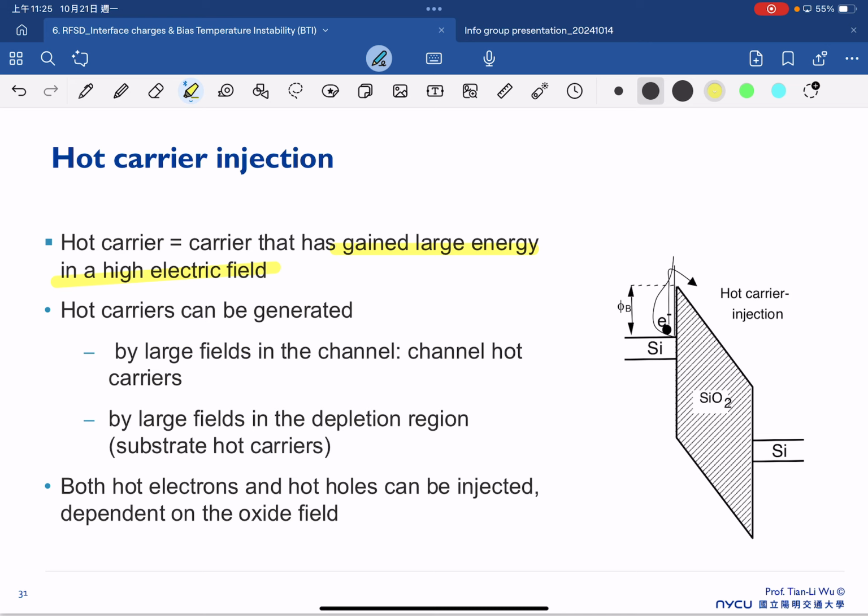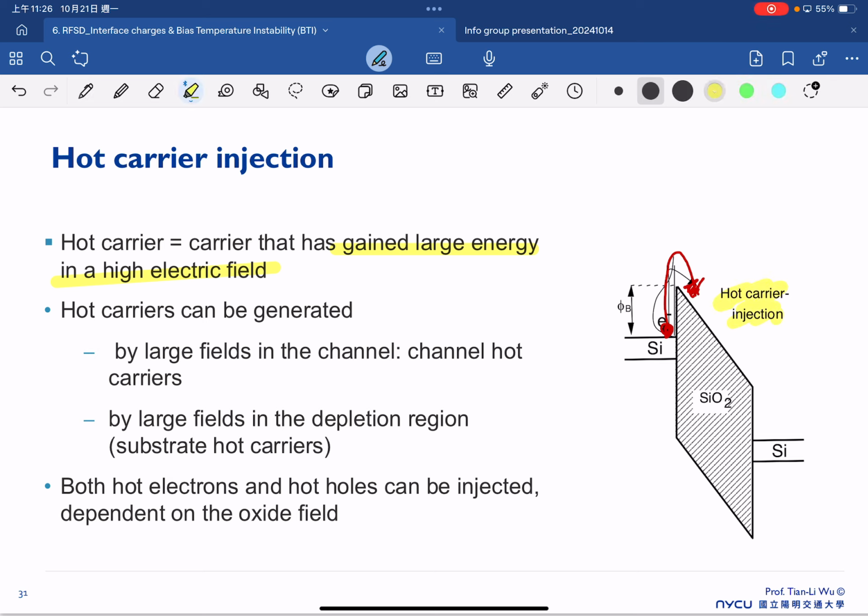So once the electrons are under a certain status and we apply the electric field, the electron will gain enough energy, and then the electron will start to jump over this barrier and reach the other side. So this is what we call hot carrier injection.